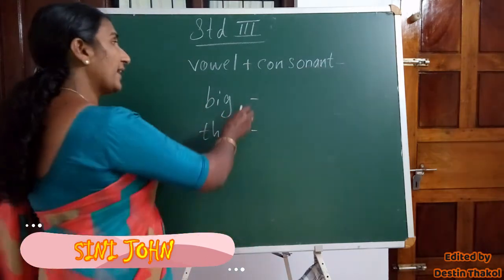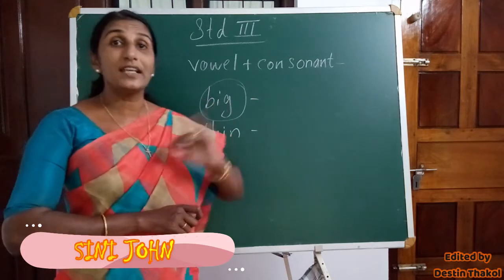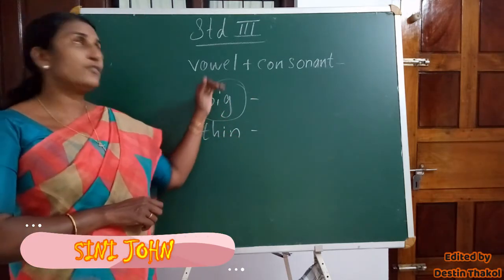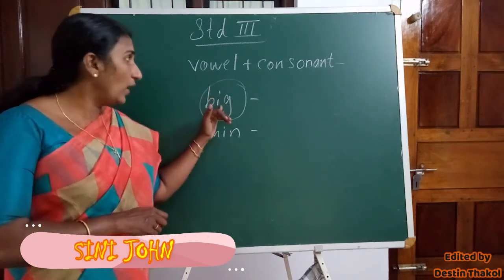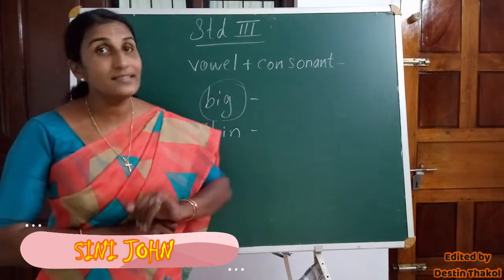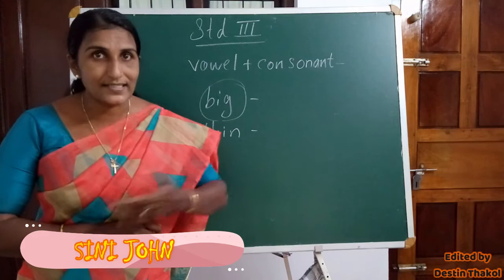For example, you can see this word. How do you pronounce this? Big. B-I-G. Here we can see a vowel and a consonant. As we know, I is a vowel and G is a consonant.